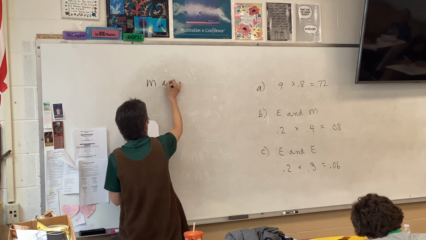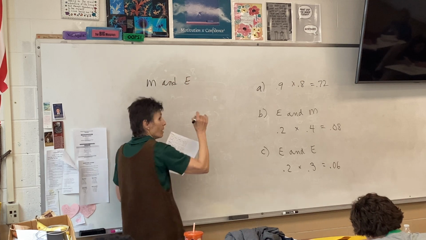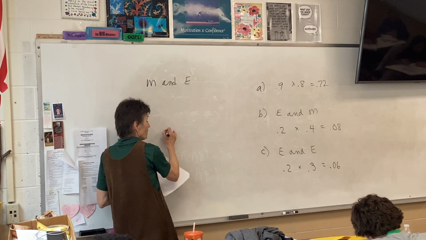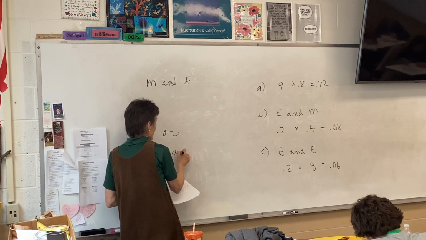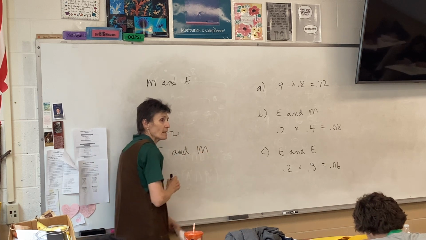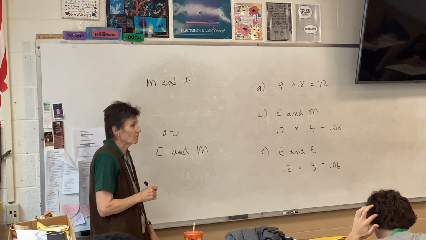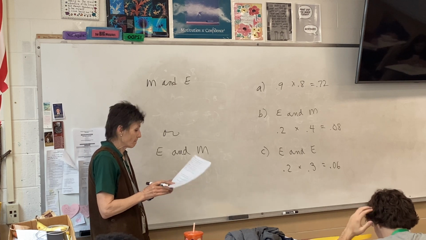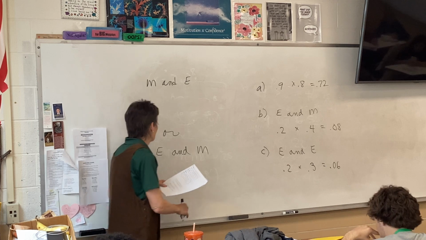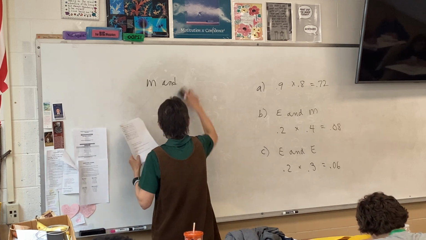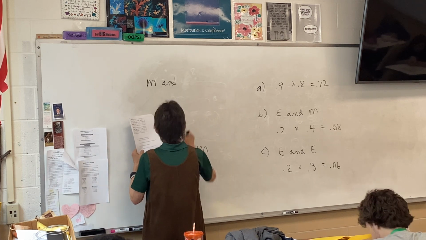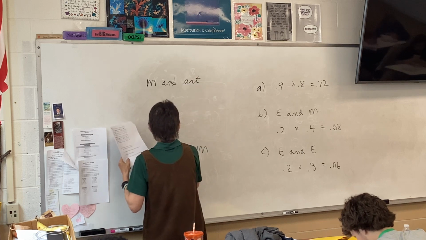This means math and English, or English and math. Does everybody understand that? This will be the problem that trips you up if you're not really reading it carefully. Isn't it art? Oh, art. Yeah, we'll get the right sentence there. Math and art.